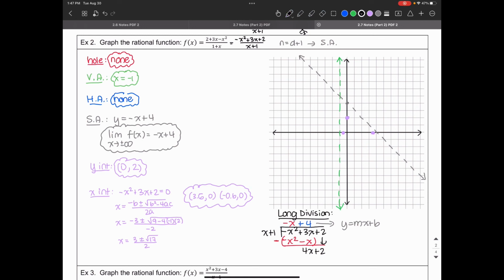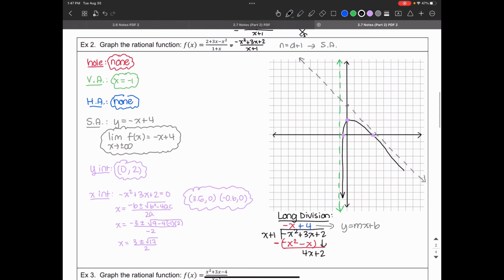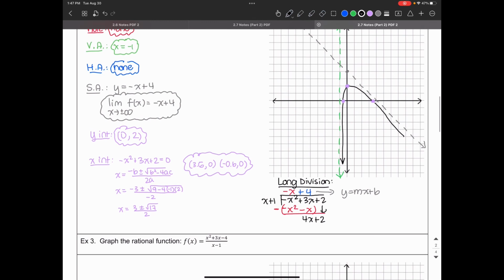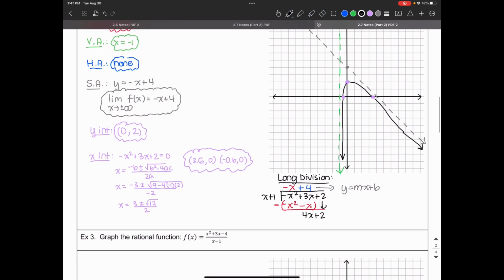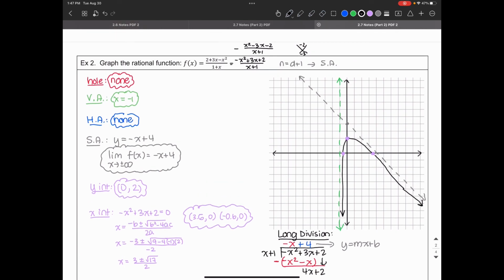I can see that I'm going to have a curve as I go to the left. It's going to get closer and closer to that vertical asymptote that I can't go through. As I go to the right, I'm going to get closer and closer to my slant asymptote, because as x goes to positive infinity, I will be getting closer and closer to that slant asymptote. And then to find another important point, there would be another piece of this graph. I'm going to pick an x value to the left of the vertical asymptote close by so it can fit on my graph, and I'll pick negative 2.